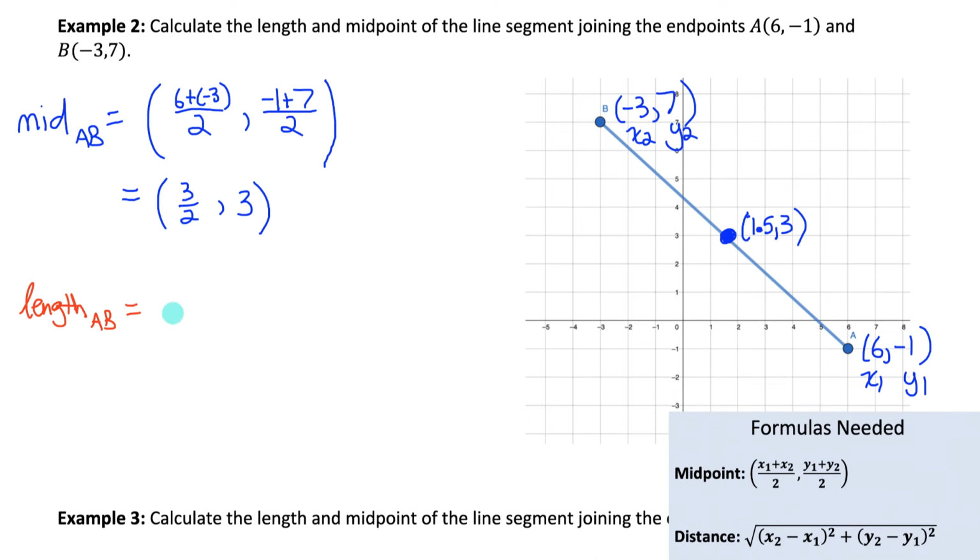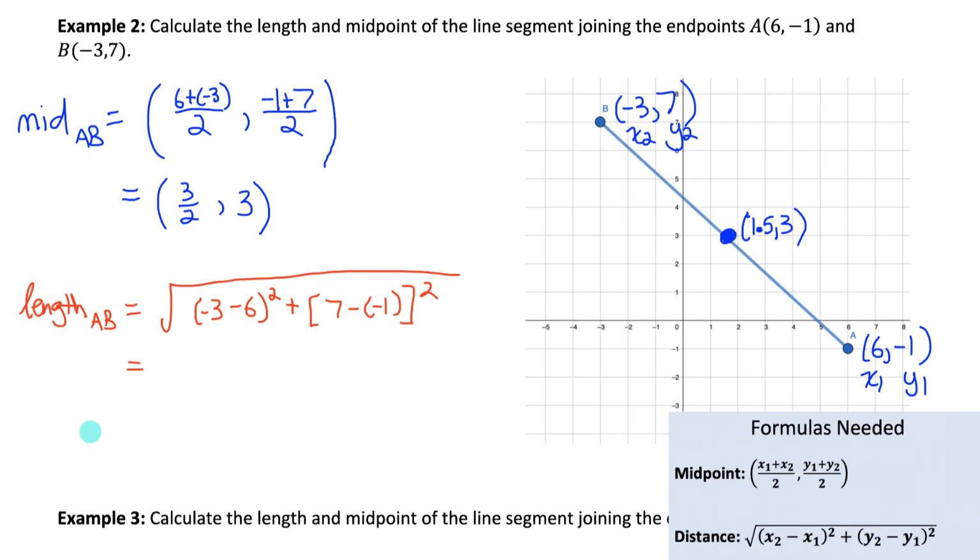And to find the length, we need to square root the difference in the x's squared plus the difference in the y's squared. So we'll do the difference in the x-coordinates, and we'll follow what the formula tells us to do. We'll do x2 minus x1, so -3 minus 6 squared, plus the difference in the y-coordinates. And the formula says to do y2 minus y1, so I will do 7 minus -1 squared.